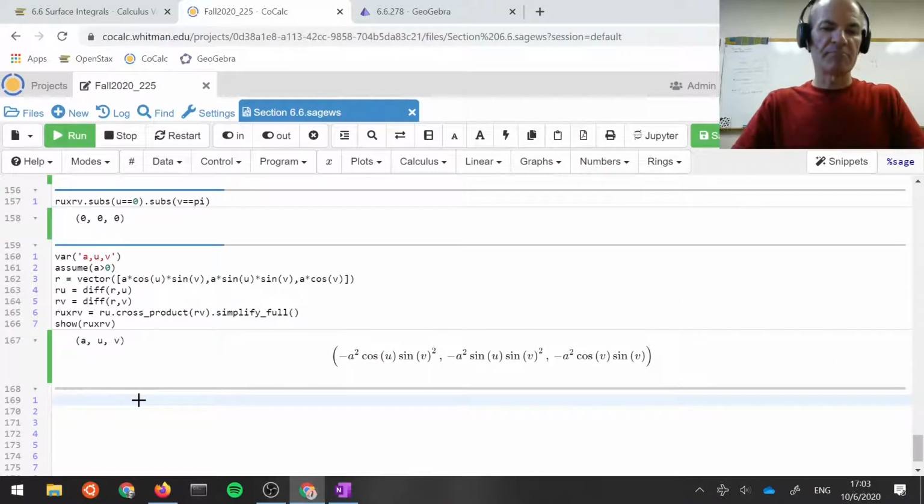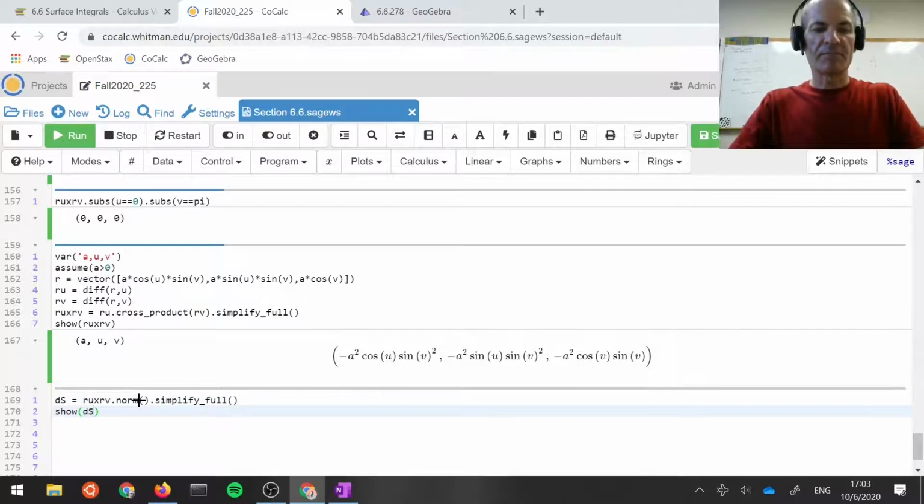So let's say, I don't remember what we're calling this now. Let's just call it ds for lack of a better term. ds is going to be Ru cross Rv dot norm, and simplify this as much as possible. And then let's show ds.